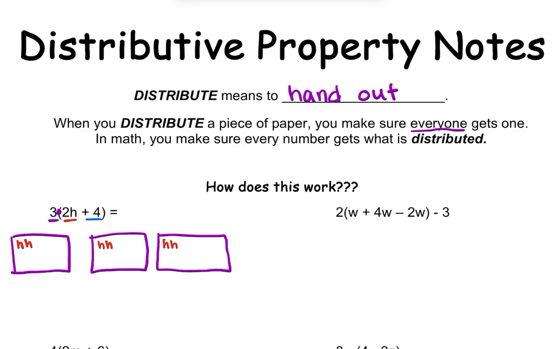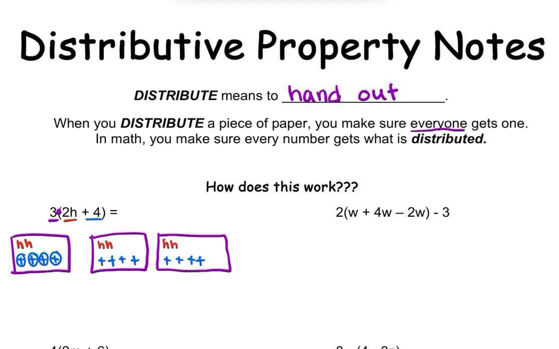So I'm going to put 4 positive signs. 1, 2, 3, 4. 1, 2, 3, 4. 1, 2, 3, 4. And if you wanted to, you could even make those circles like counters, but you don't have to. You can just leave the positive signs.